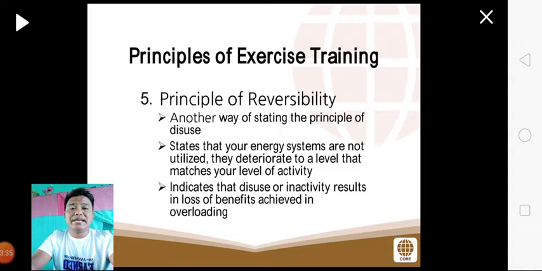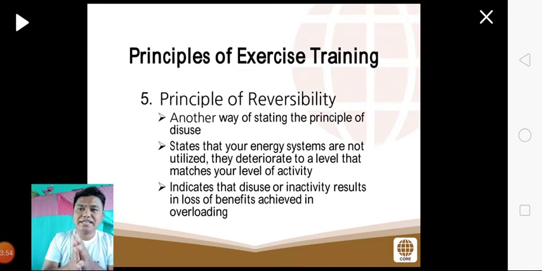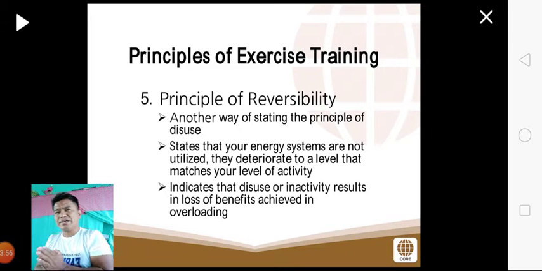Lastly, it indicates that this disuse or inactivity results in loss of the benefits achieved in overloading. So, what you do should match your level and be within your capacity. What I will do for 6 weeks, for how many months, can I do it? If not, plan other light exercises.